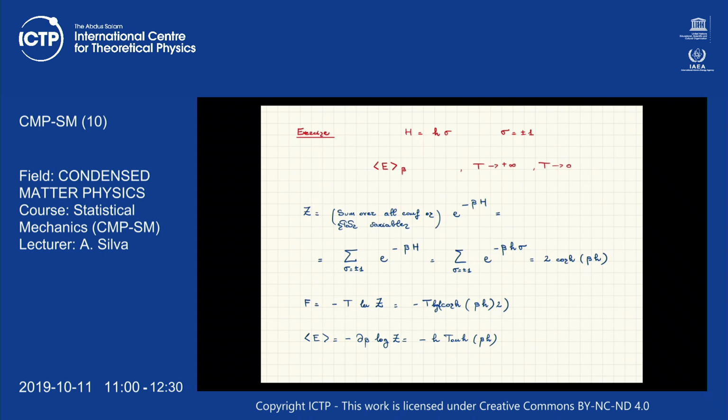So what your colleague just said, let me rephrase it in a different way. In any problem, there are some limits in which the calculation is trivial. Or if the calculation is not trivial, you can guess the result on the basis of simple physical arguments.